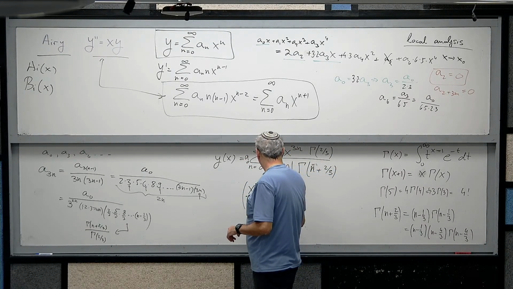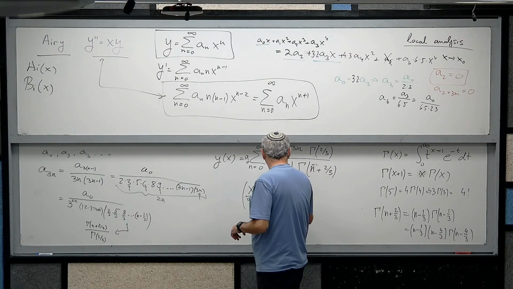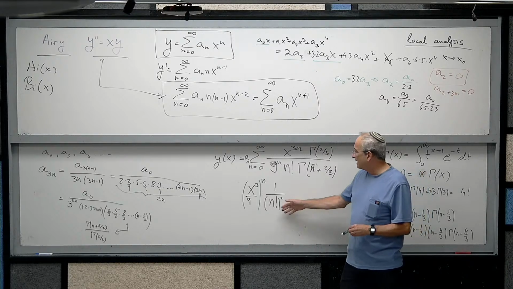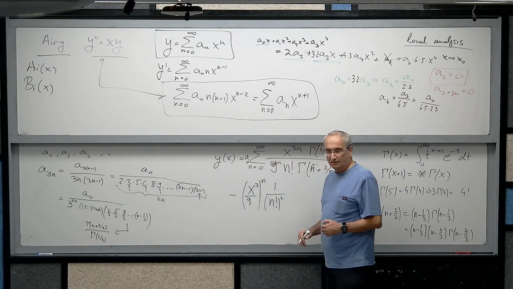And here I have 1 over n factorial squared. This is how this expression behaves for large n.